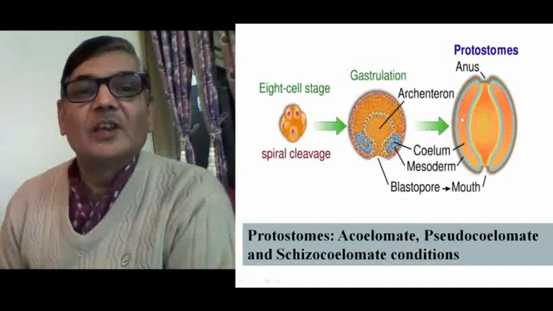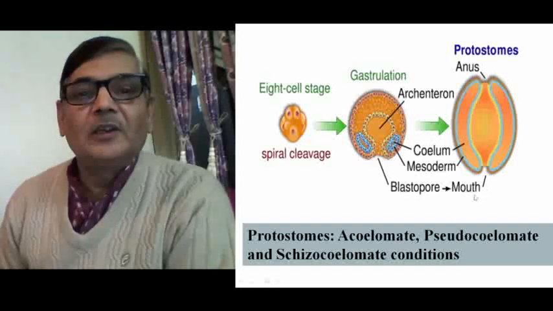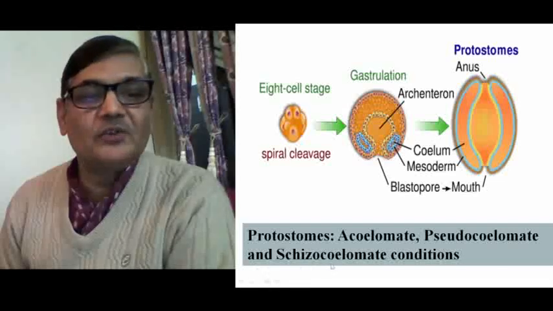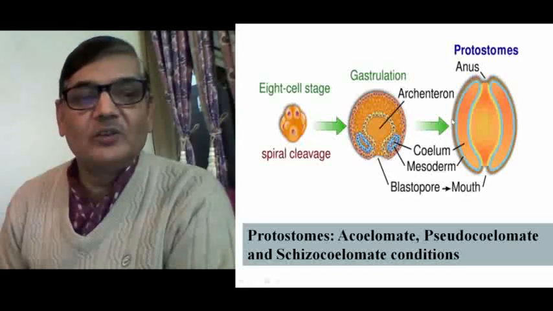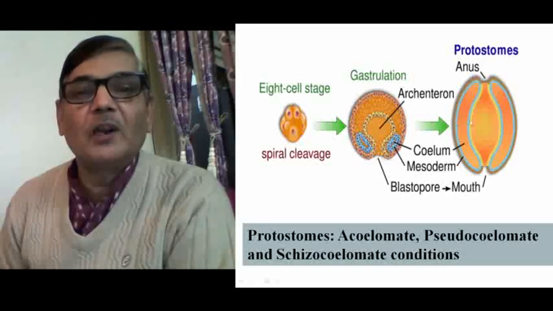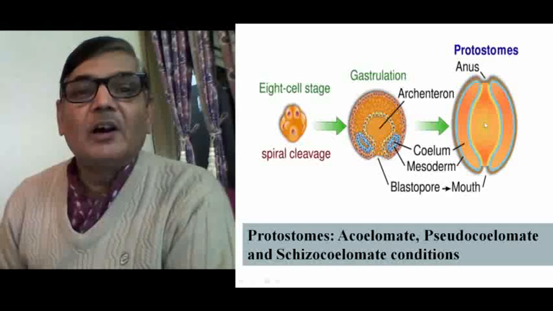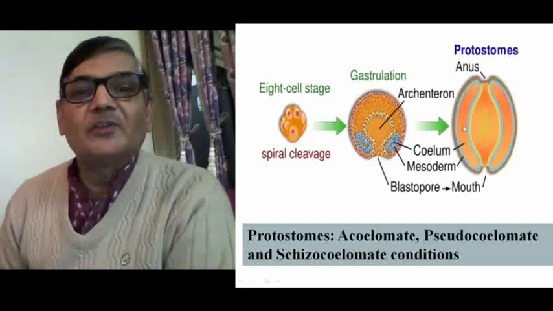In their case, the blastocoel may be persisting in certain parts of the body. And the third type, that is coelomate, which is actually referred to as schizocoelomate, is found in protostomes. In their case, the mesoderm splits and forms the internal cavity between the alimentary canal and the ectoderm or the body wall. So all three different types of arrangements are seen in protostomes.